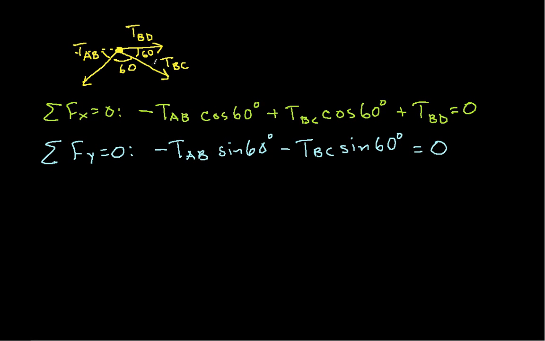This tells us then that TBC is equal to minus TAB, and we know that minus TAB is going to be 577.4 newtons.